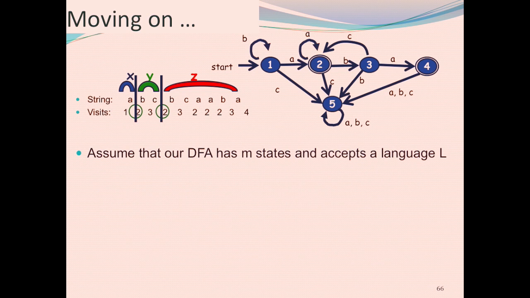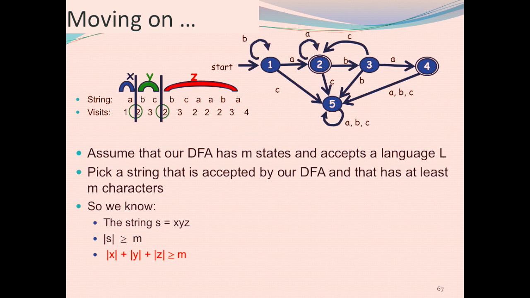Okay? So, let's assume that we have M states, we accept a language called L, and let's pick some string that's accepted by our DFA, and that has at least M characters, right? So greater than or equal, so here I've got my string, and my string S is an element of my language, and the length of S is greater than or equal to M, right? At least M characters.